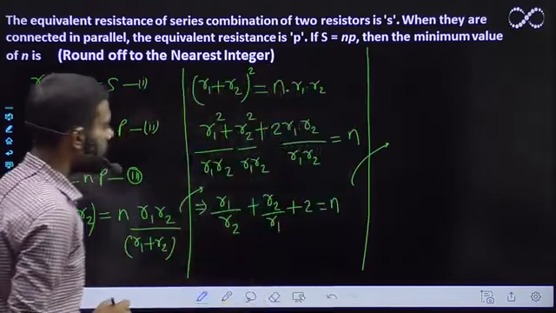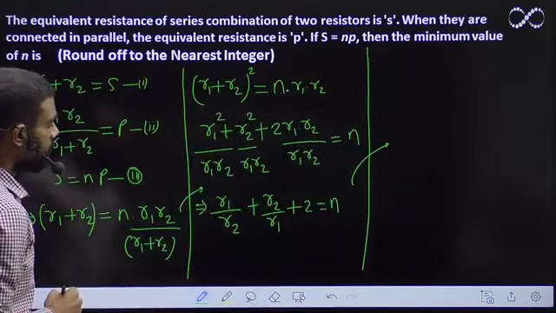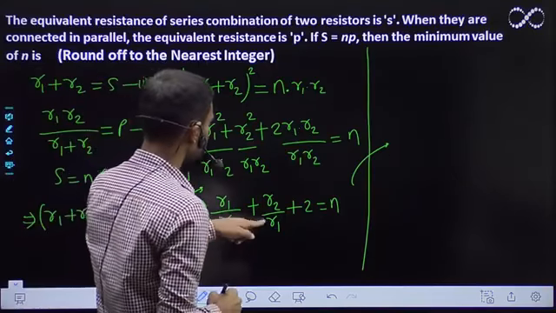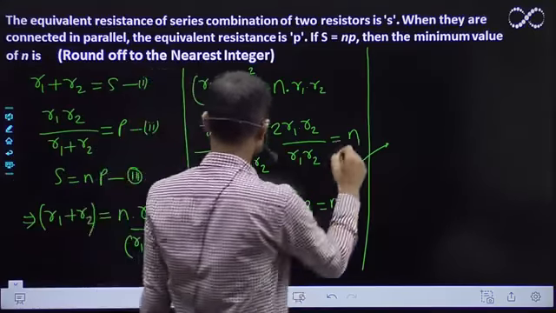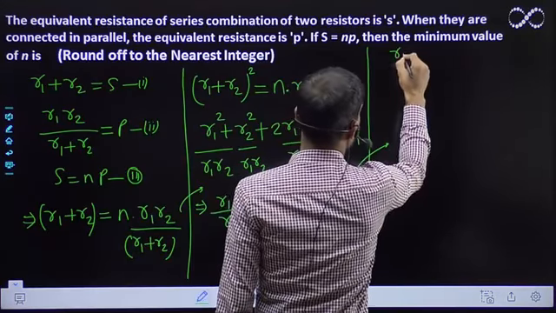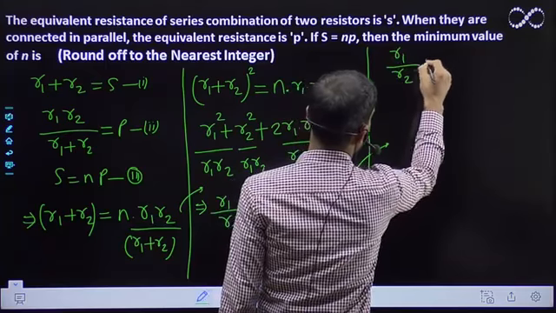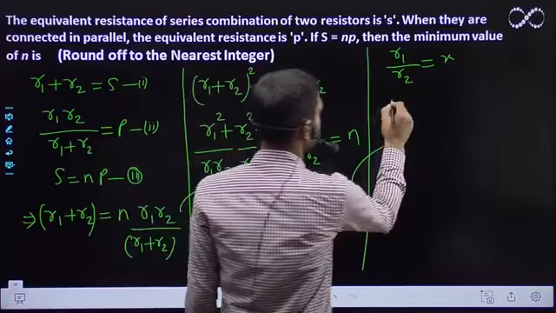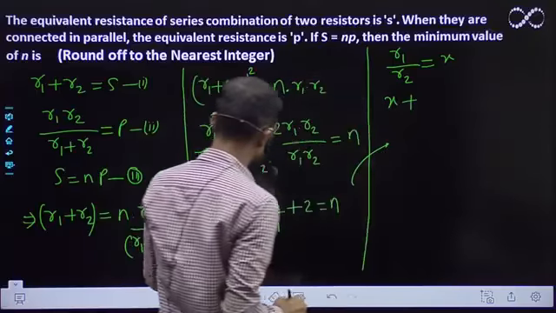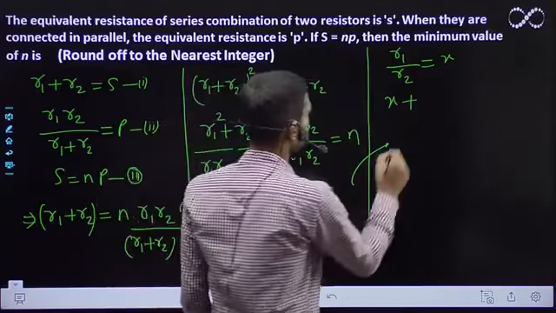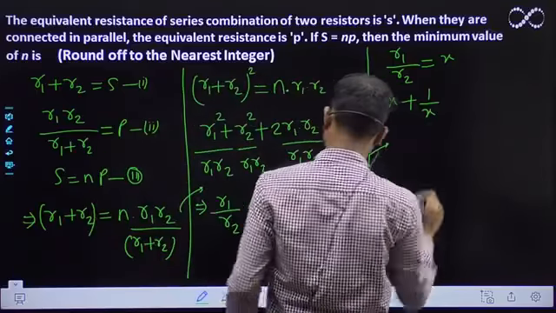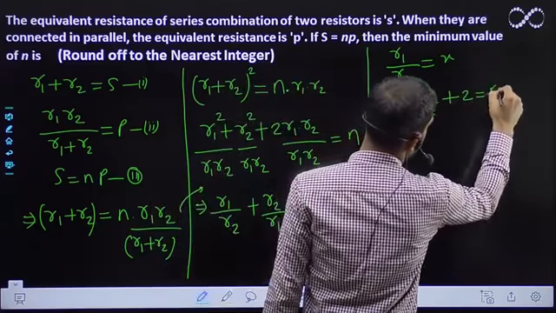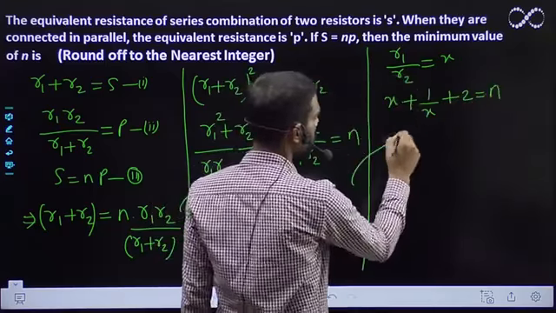Okay, now I have to find the maximum value of N. So what I will do here is I can take R1 upon R2 is equal to X. Let us assume. So this will become X plus 1 upon X plus 2 is equal to N. So from here I am getting a relation.